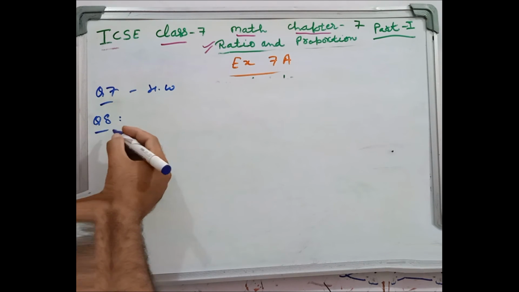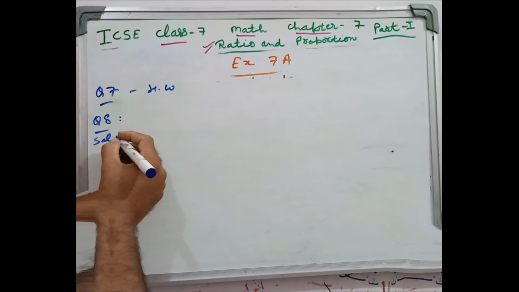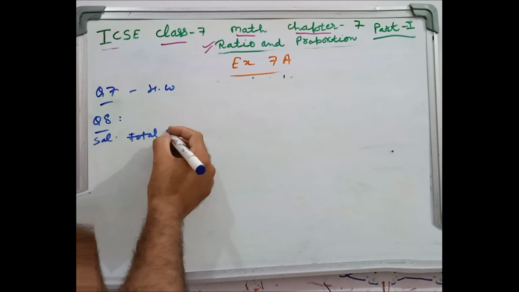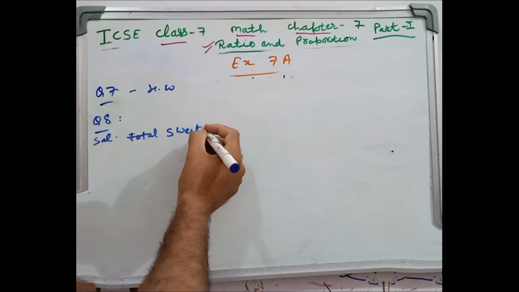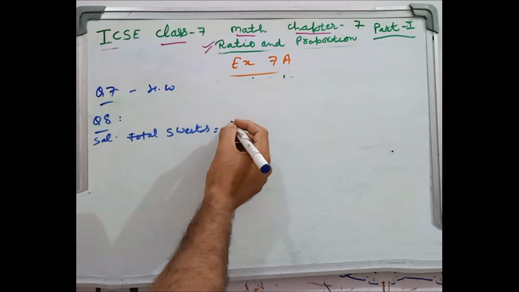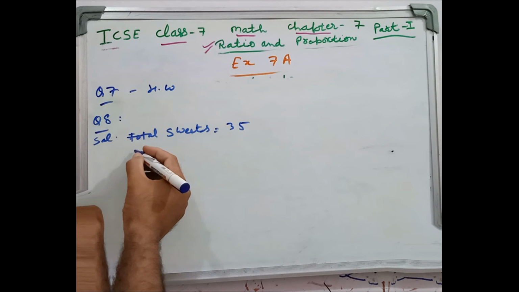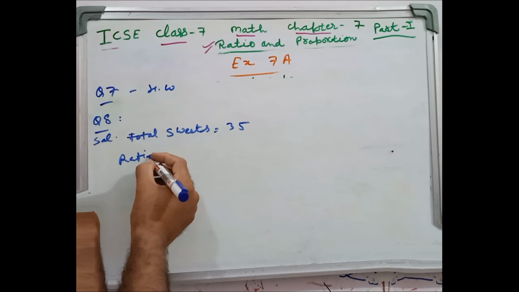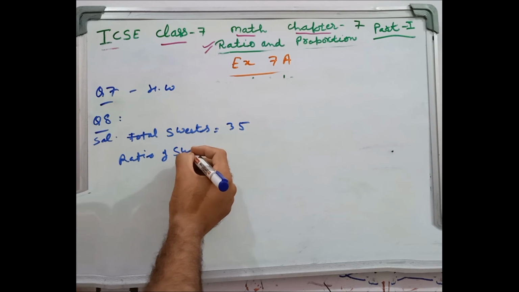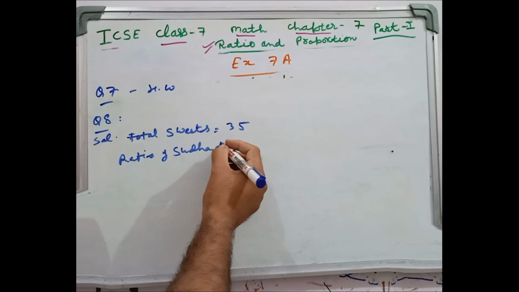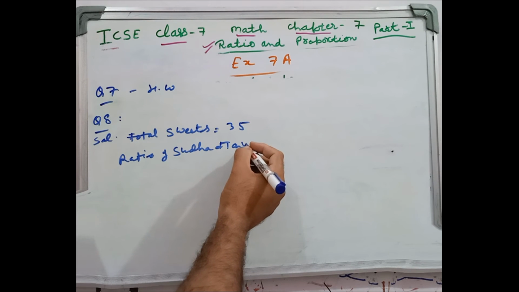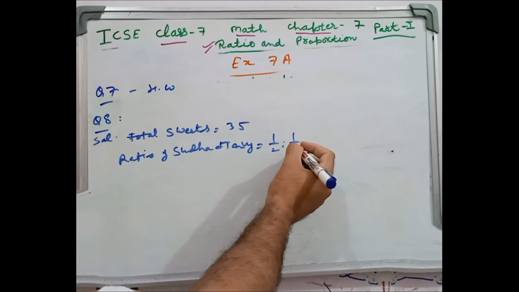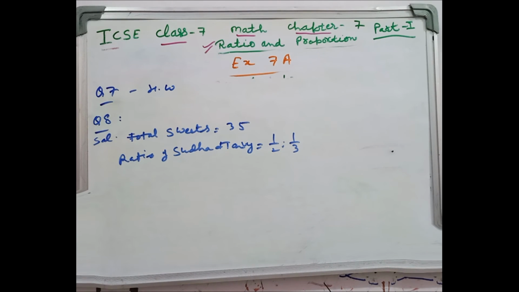So the solution is here. Total sweets: how many sweets are there? 35. The ratio of Sudha and Tanvi is 1 by 2 ratio 1 by 3.